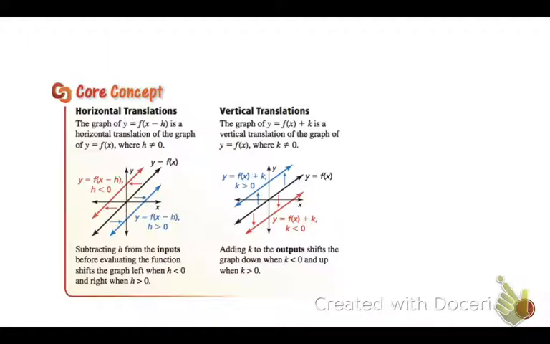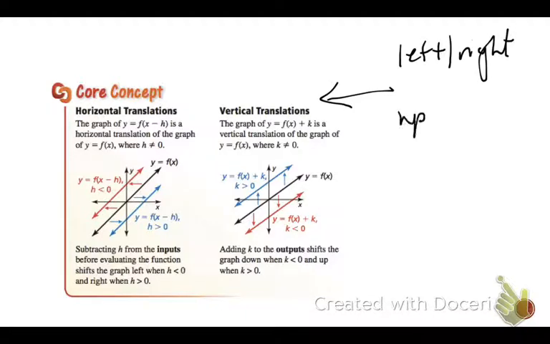Let's just do a final recap of what happens to equations of functions and how they're translated. So for horizontal and vertical translations, so that means left or right, the graph is shifted or up or down. It is the h and the k value.